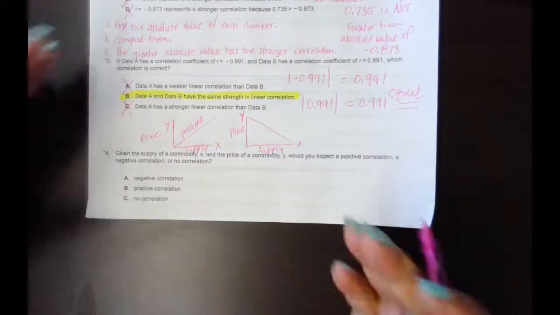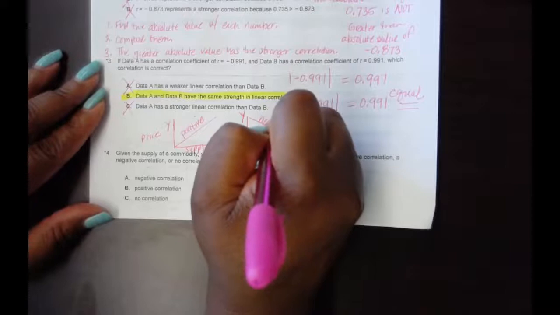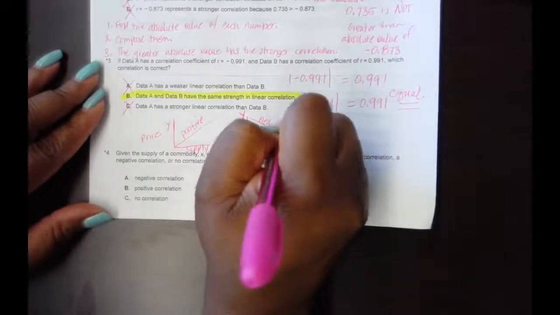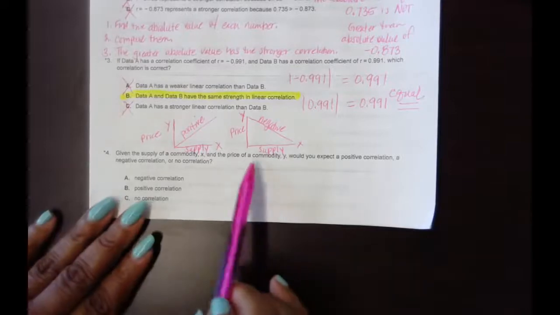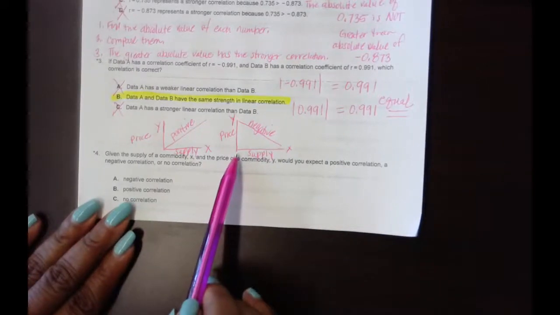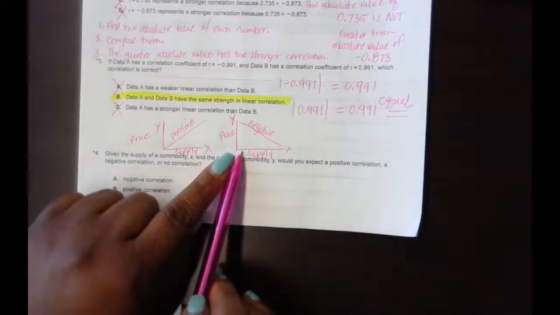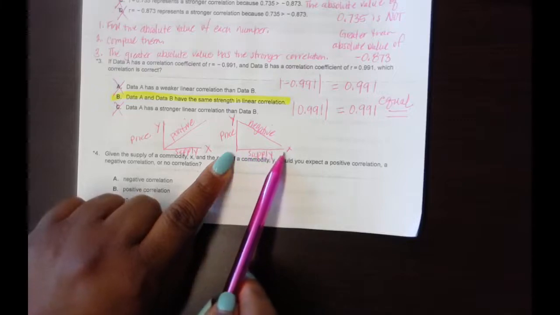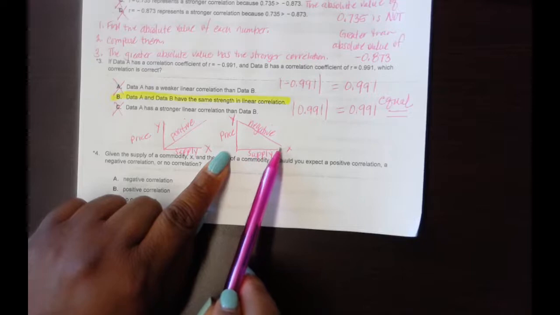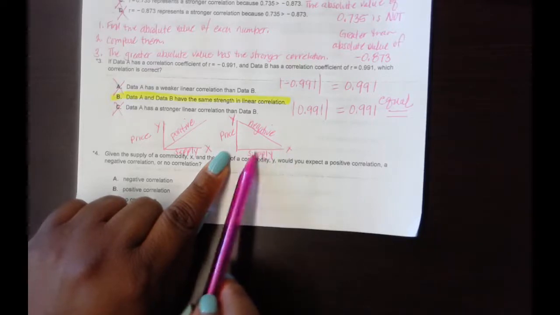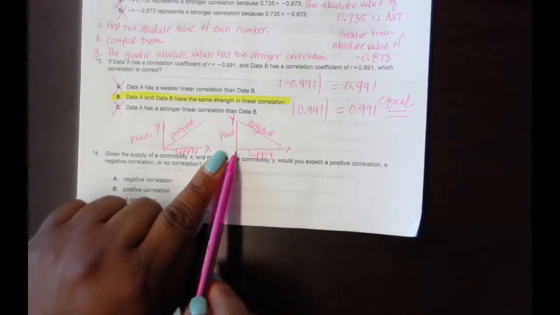Goes down. That's negative. Well, what's happening in a negative correlation situation? As my supply goes up, notice how when I move from the left to the right, my line is going down, I'm getting further away from what would be zero.